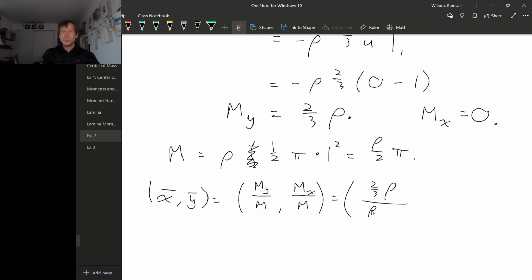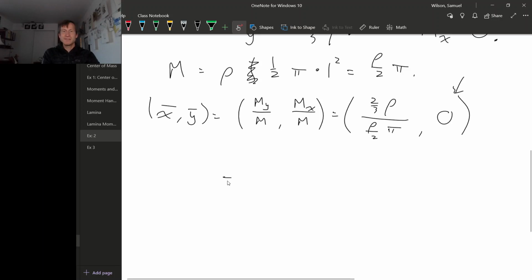The mass was rho over 2 times pi. And the moment about the x-axis was 0, so the y-coordinate of the center of mass is going to be 0. Now we can simplify this. The rhos cancel. This 2 flips to the numerator, so 4 over 3 pi, comma 0.